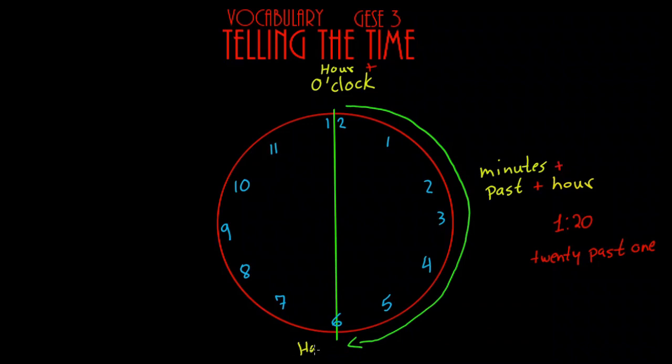So if we continue and we go to the 6, this would be half past plus hour. Okay, so if this would be 1:30, this would be half past 1.